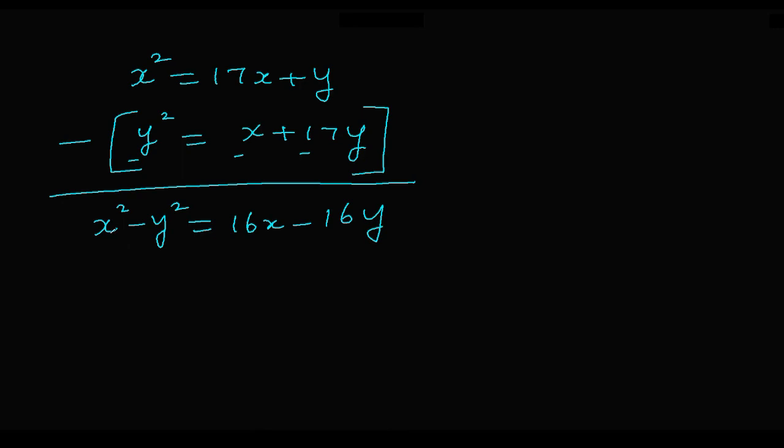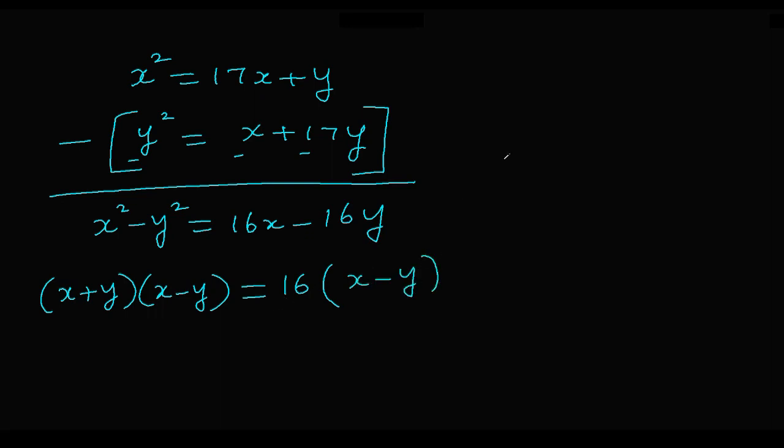Now we know this is an algebraic identity, the difference of two squares: x squared minus y squared can be written as x plus y times x minus y. Now I am taking the greatest common factor out from the right side, so this will become 16 multiplied by x minus y.